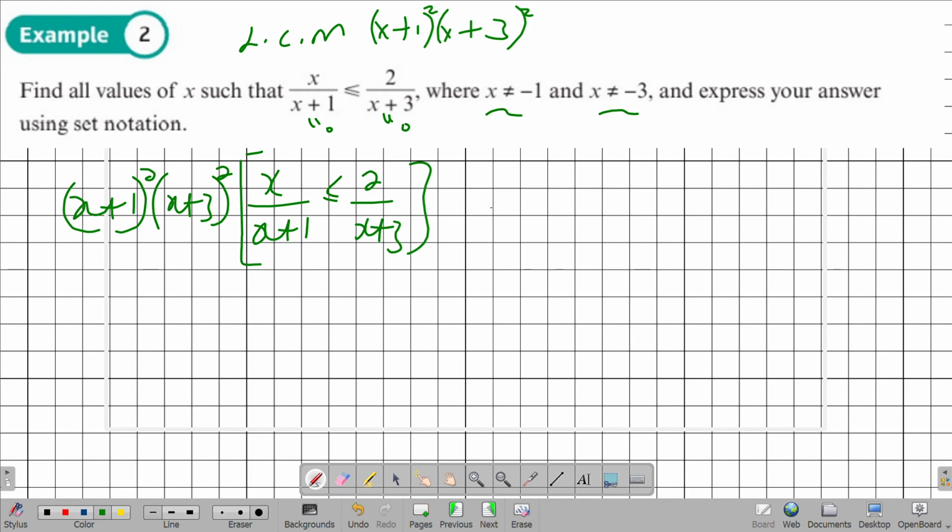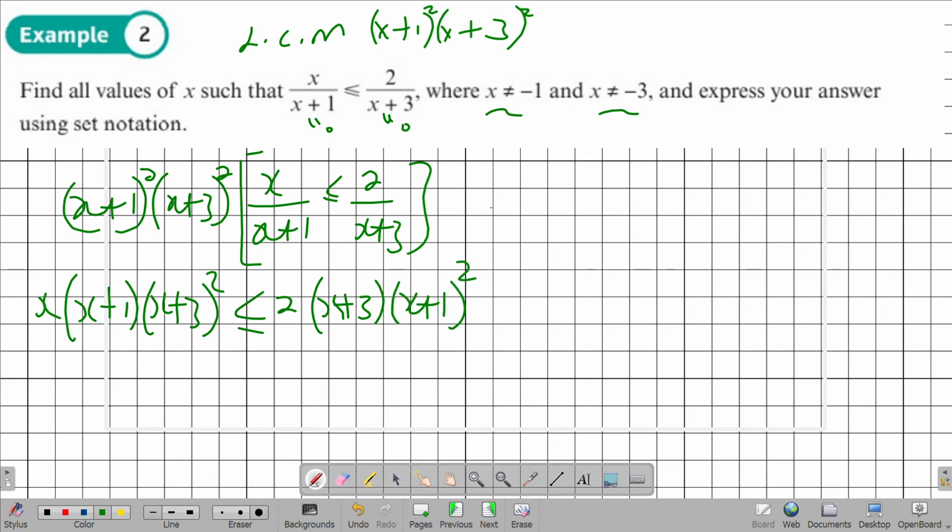But if we distribute this, we are going to have x, then x plus 1, x plus 3 squared is less than or equal to 2 times x plus 3, then x plus 1 squared.